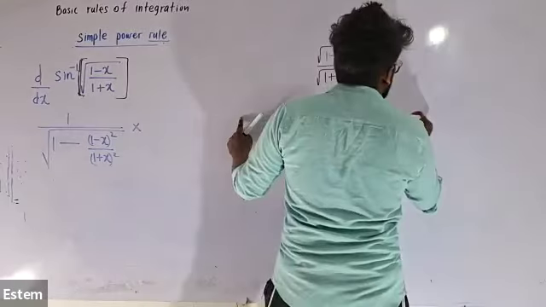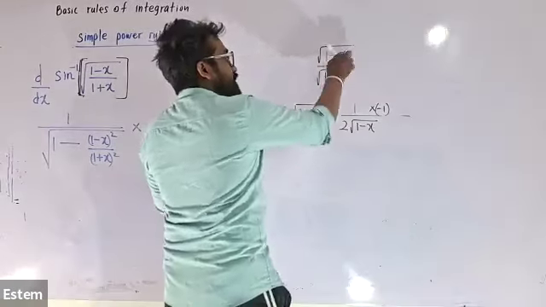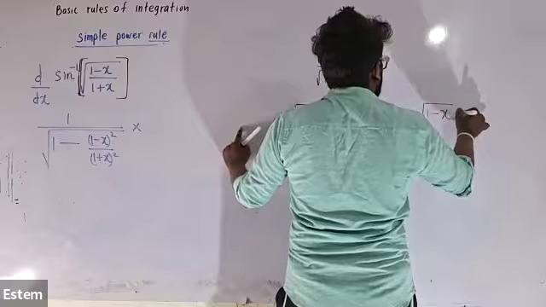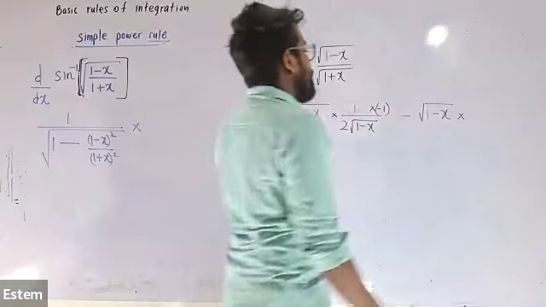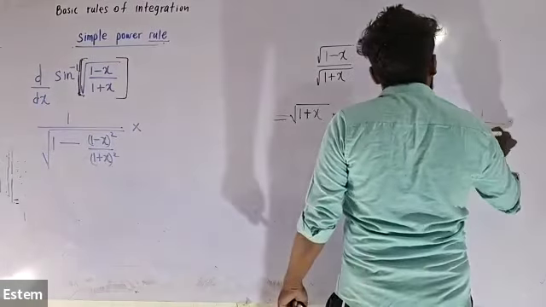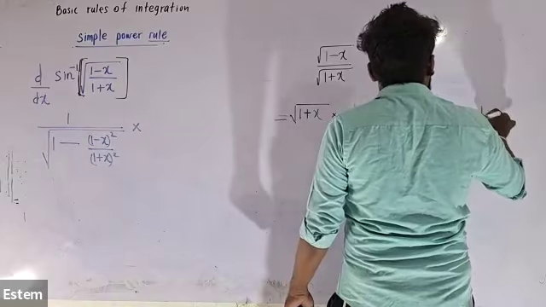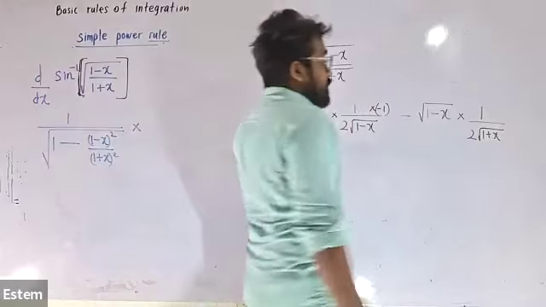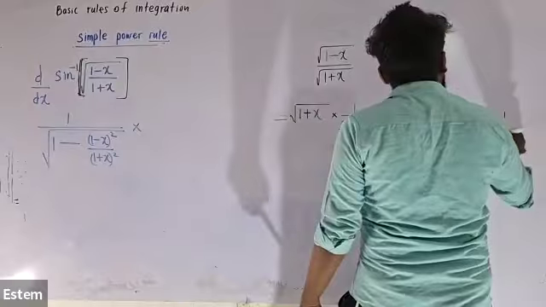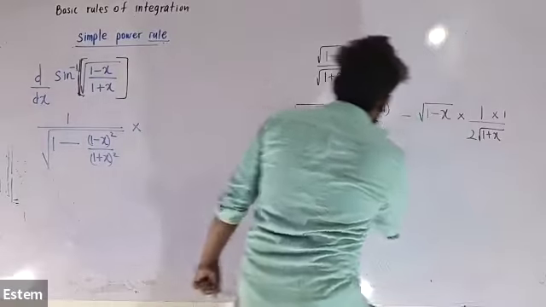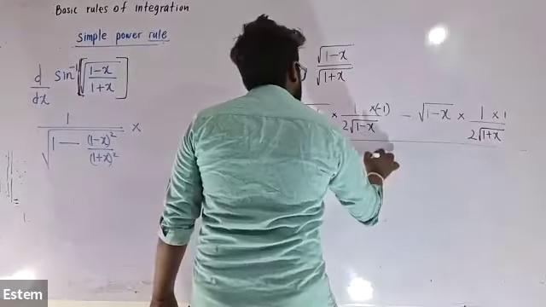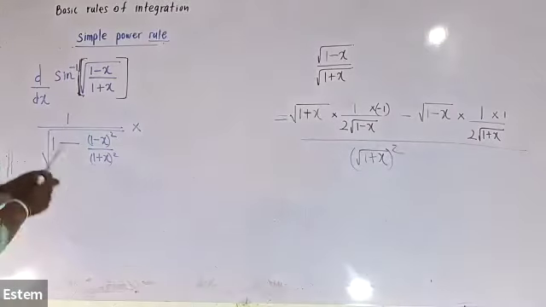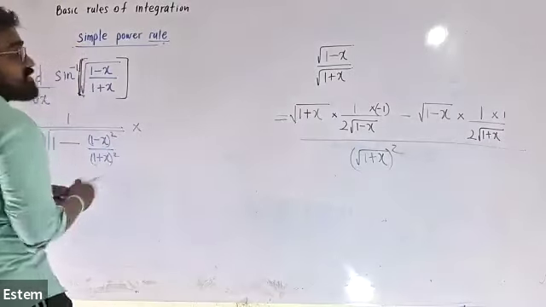And minus, we first picked this, now pick the square root of 1 minus x and just differentiate 1 plus x. It is 1 over 2 square root of 1 plus x. It is very easy to remember the differentiation of square roots. And it should be multiplied with just 1. And don't forget there is the square root of 1 plus x, squared, in the denominator also. So that is the differentiation of that. So we should apply this in here.